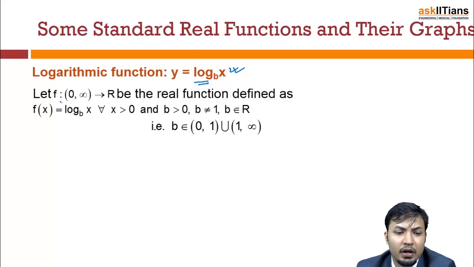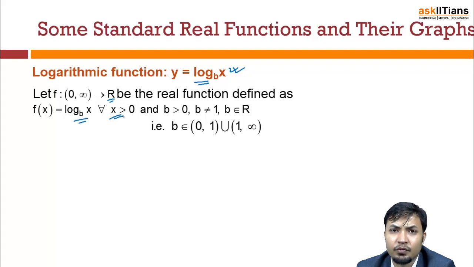Let f lie from 0 to infinity. Why? It is the same for exponent as well as logarithm, because logarithms and exponents are like cousin brothers. They will be similar but different, but they come from the same root. So let this function be from 0 to infinity, but it will belong in R, a real function. So my f of x can be written as log base b of x.